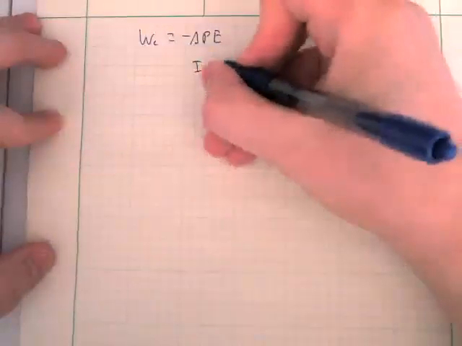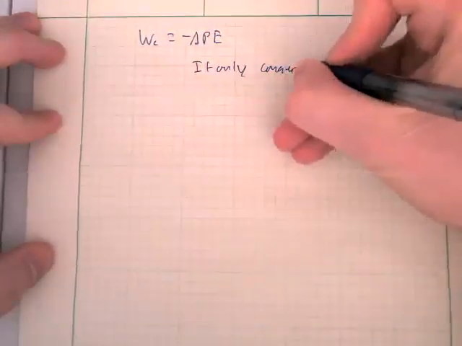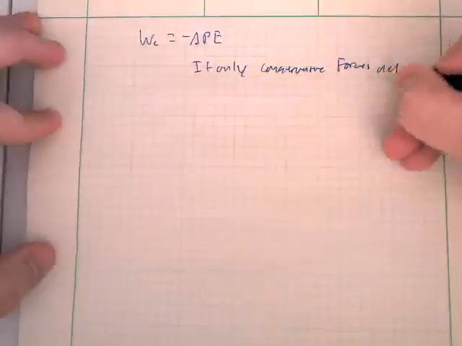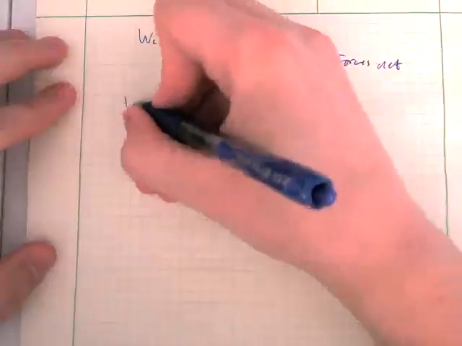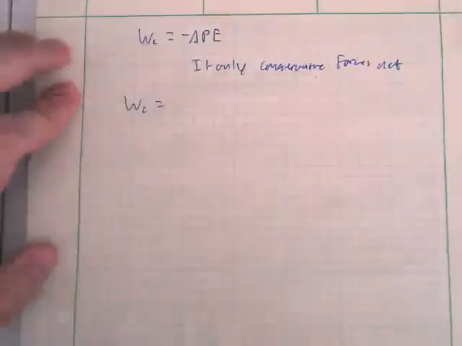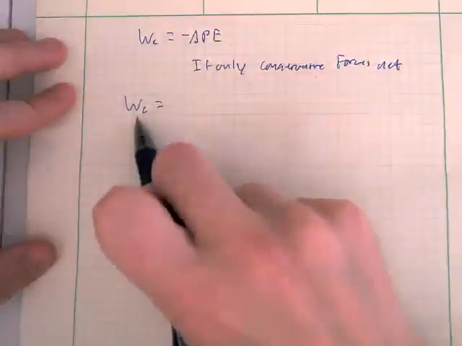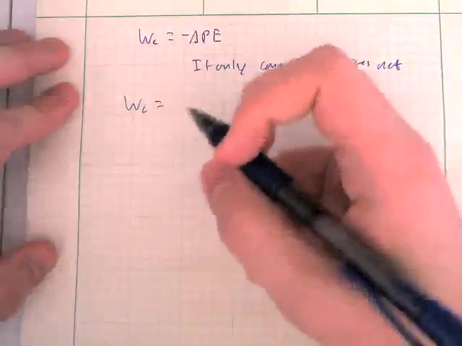right? However, if only conservative forces act, then what can we write? Then we know that the work done by conservative forces is also equal to the net work being done, right? If there are no non-conservative forces, then this is also by definition going to be the net work being done.